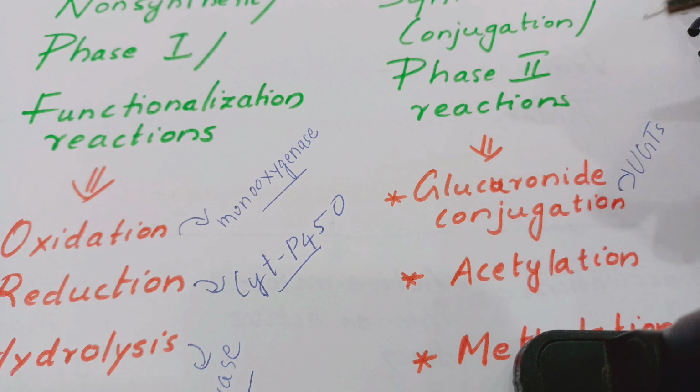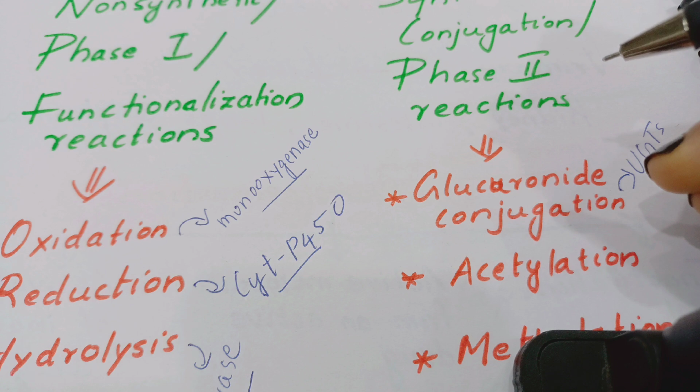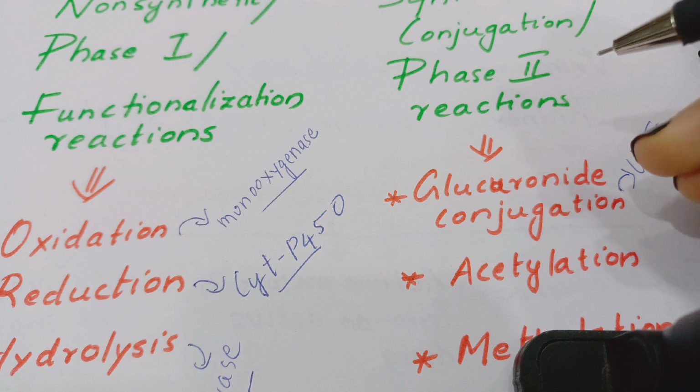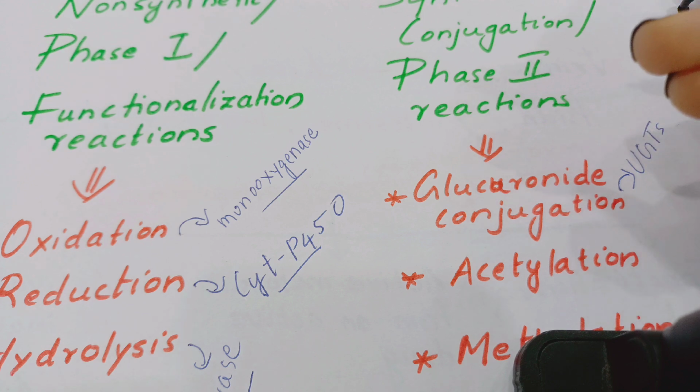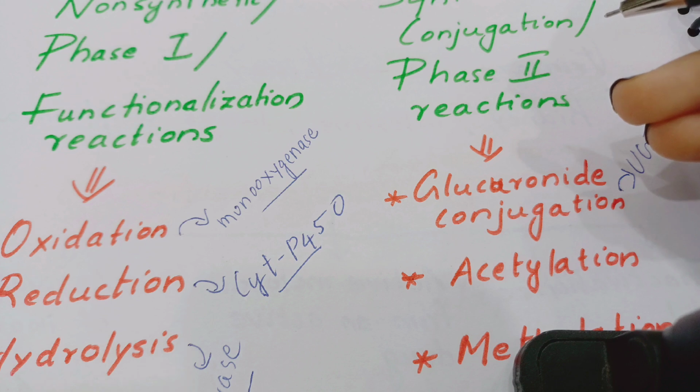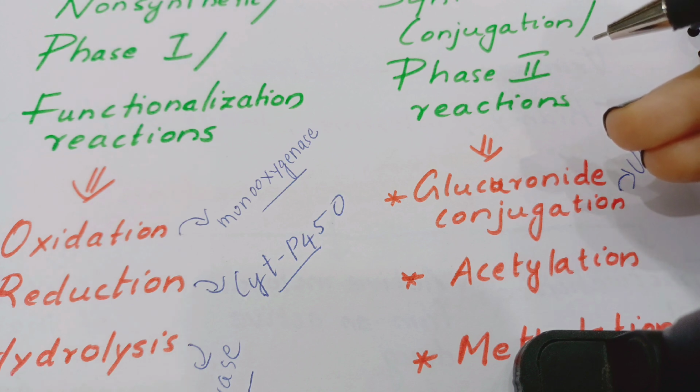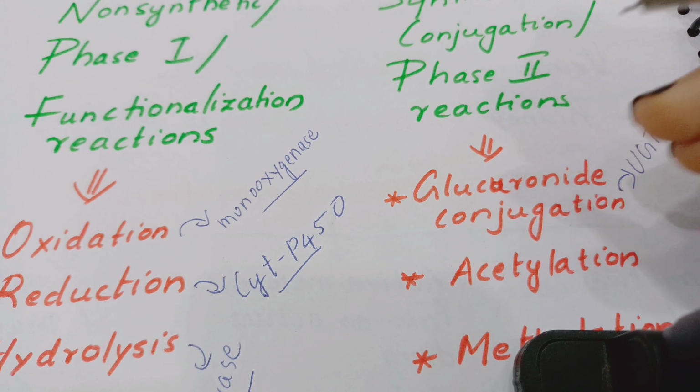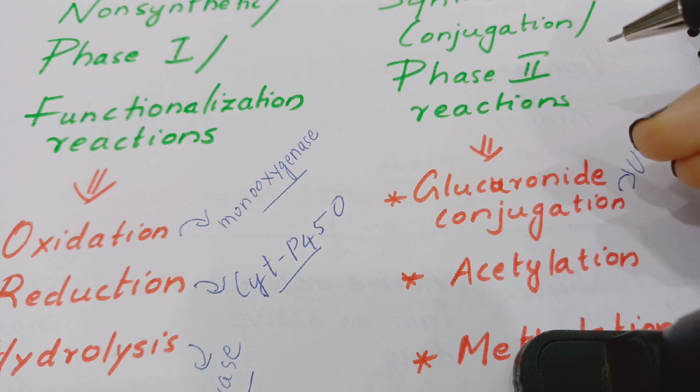Compounds with a hydroxyl or carboxylic acid group are easily conjugated with glucuronic acid, which is derived from glucose. Examples of drugs include chloramphenicol, aspirin, paracetamol, morphine, etc. Not only drugs, you see, endogenous substances like bilirubin, steroidal hormones, and thyroxine utilize this pathway of glucuronide conjugation. Glucuronidation increases the molecular weight of the drug, which favors its excretion in bile.